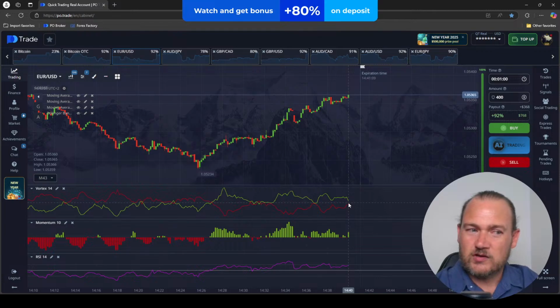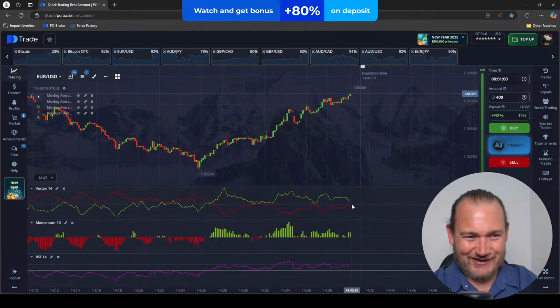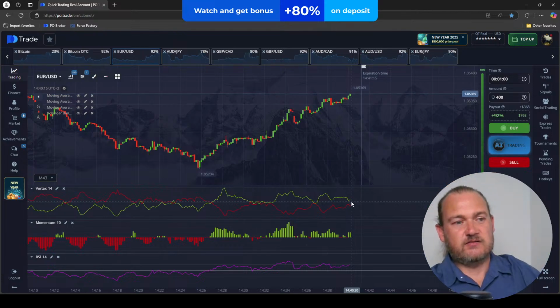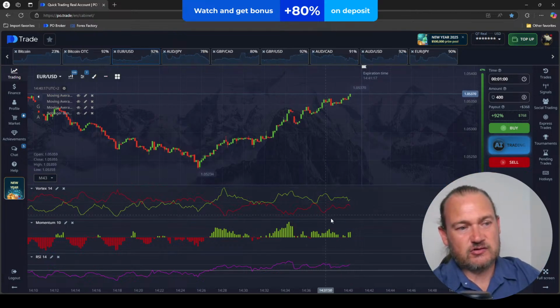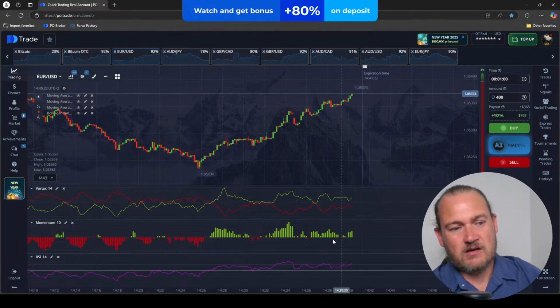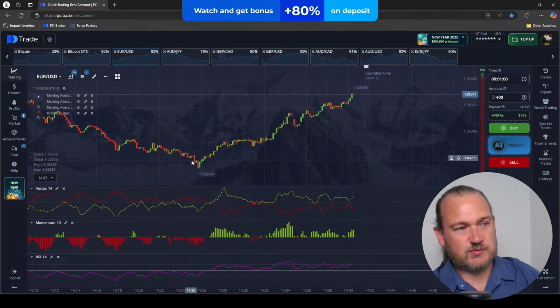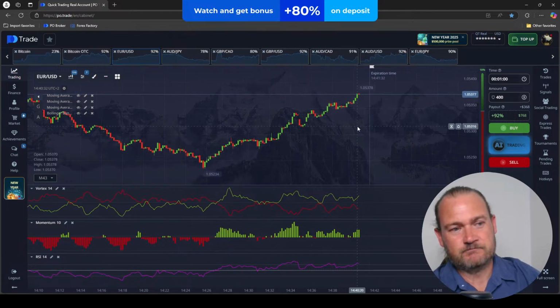We've got Vortex, which really wants to cross over, but the momentum is reserved, and every time it gets close to crossing, it opens up again. And my bullish momentum has been conserved since the start of this area here, where we went into this bullish move.